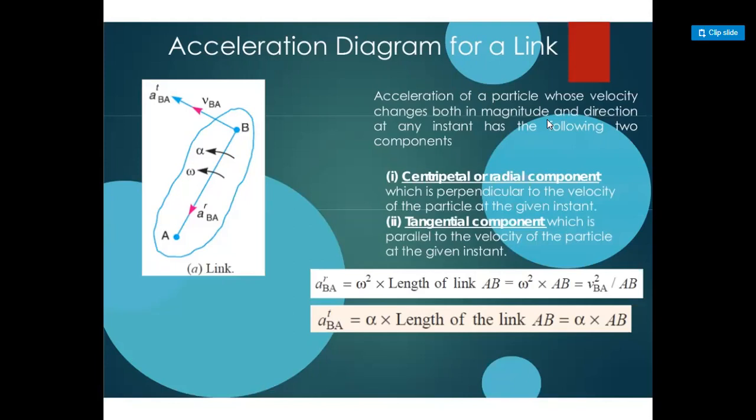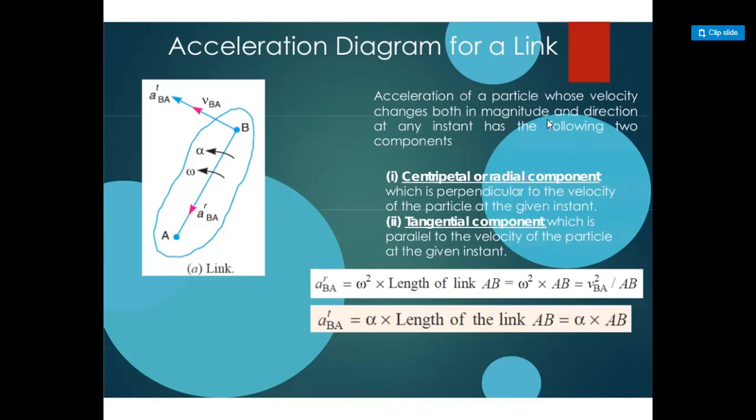So the next step is the acceleration diagram. If you want to analyze the acceleration diagram, the first step is to analyze the velocity diagram, right? Whenever you analyze the acceleration in a mechanism, there are two components of the acceleration. One component is called the centripetal or radial component, and the second one is the tangential component.